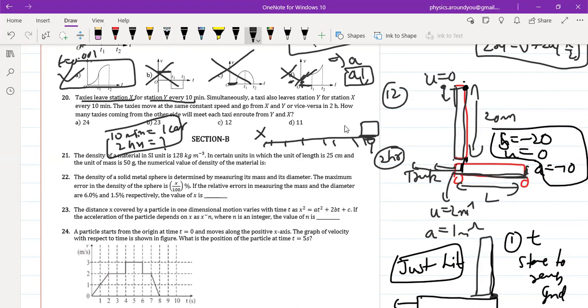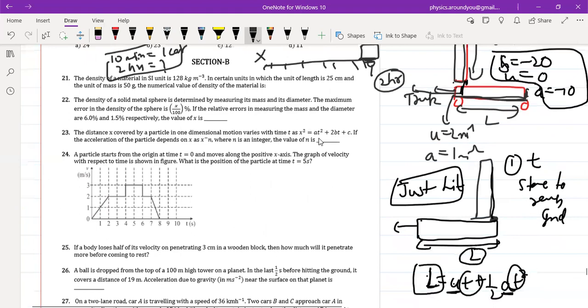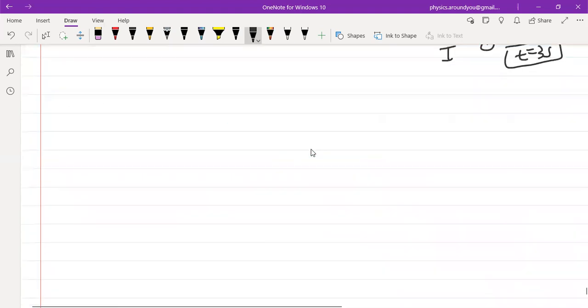Now I'm calculating like this. Hint number one. Hint number two, which is not of aptitude level, but I want to make it more physics level: for question number 20, the car thing, I will use relative velocity.